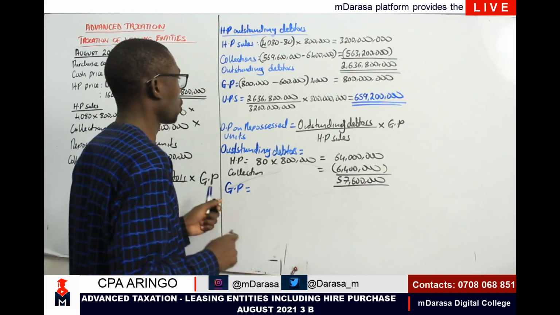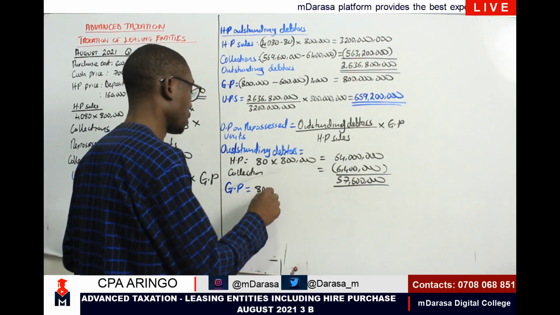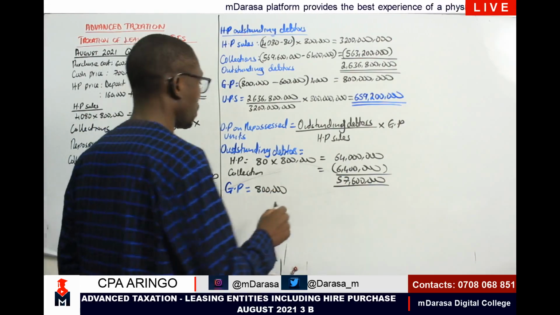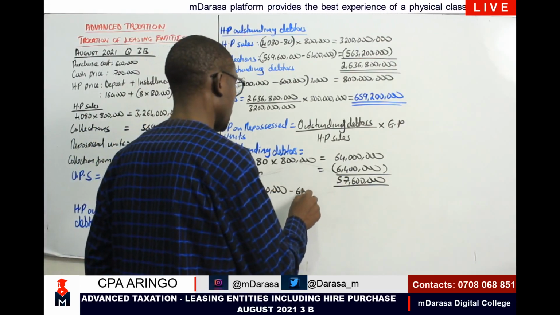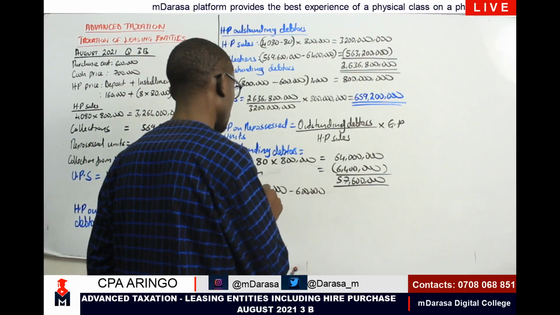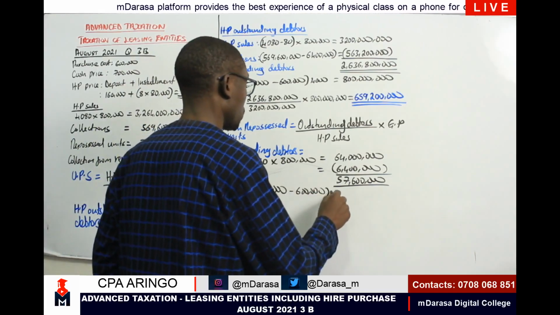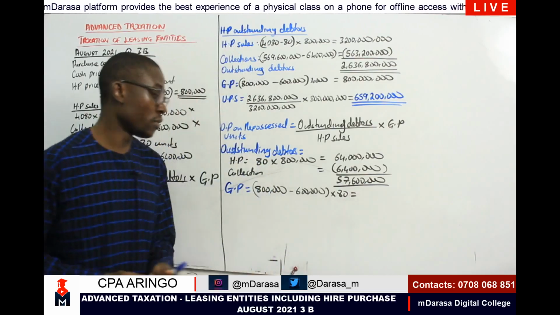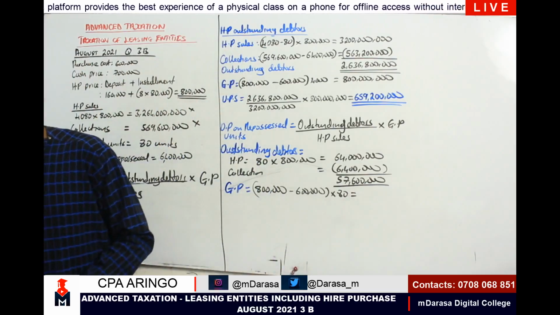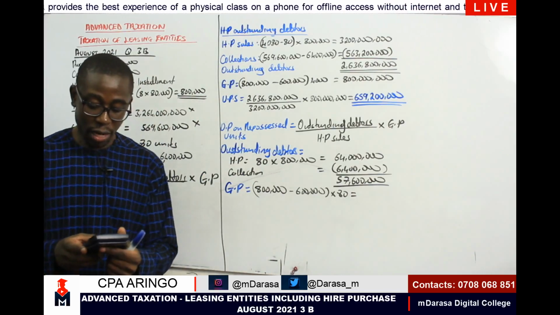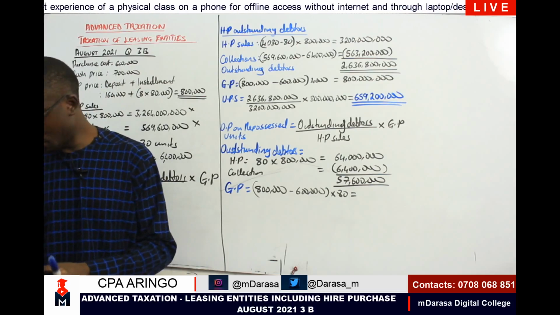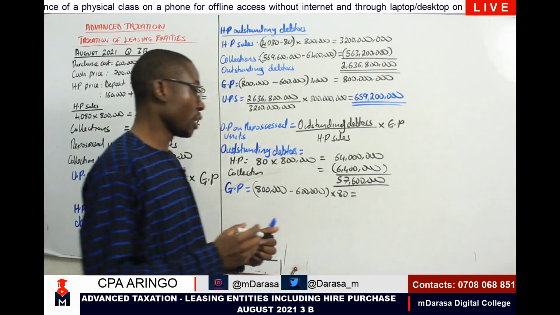We take 800,000 being our sales minus 600,000 being our cost, and multiply by the repossessed goods, which in this case is 80. So 200,000 by 80, I'm getting a figure of 16 million.